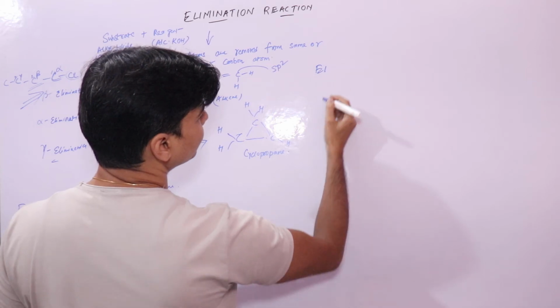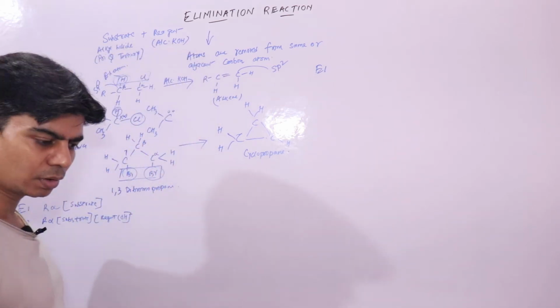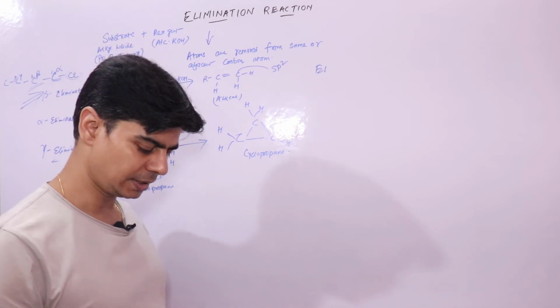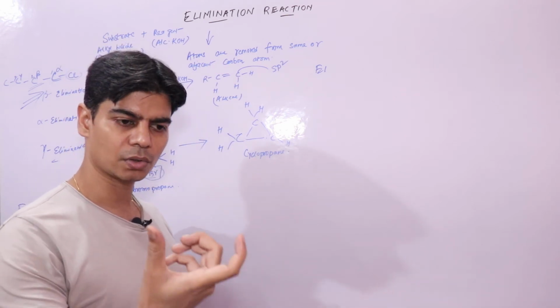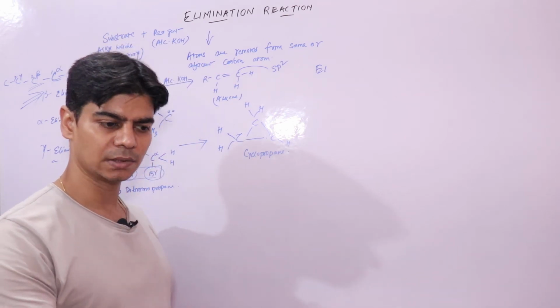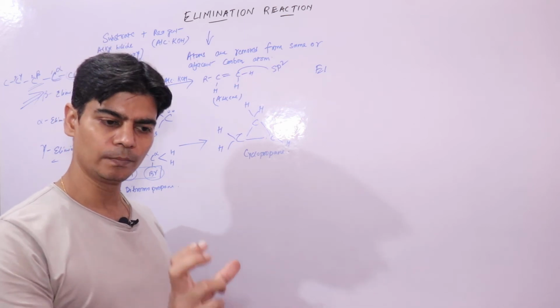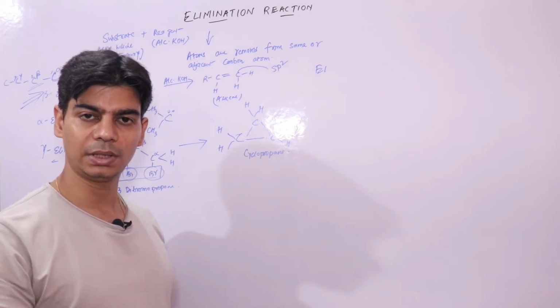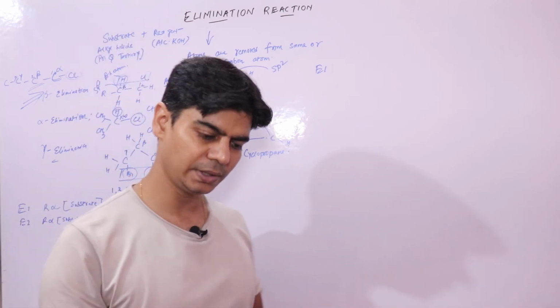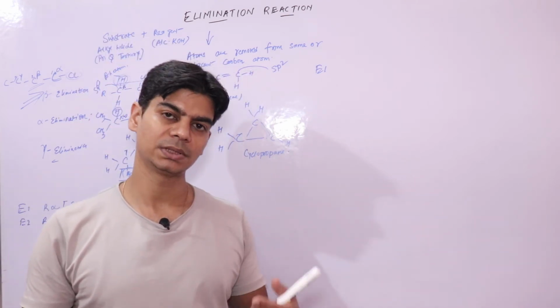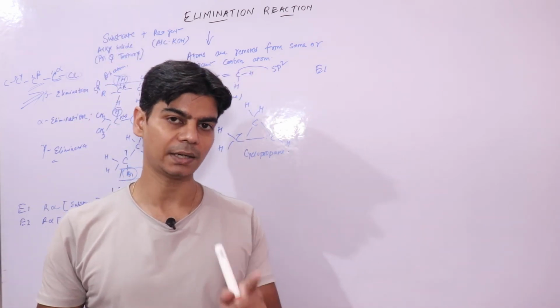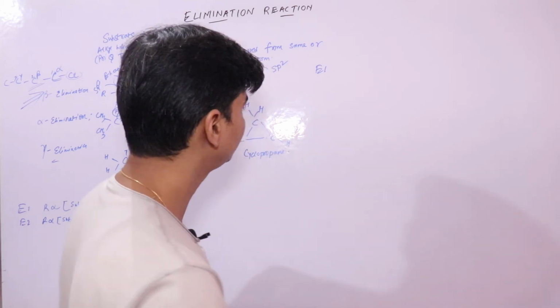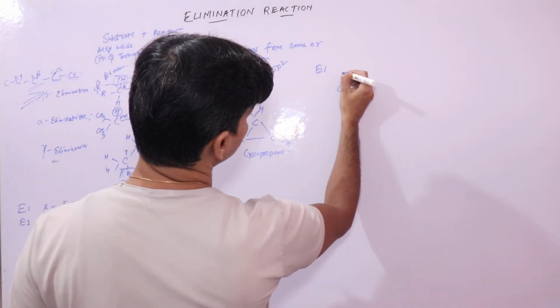E1 reactions are mainly undergone by tertiary halides. Tertiary halides are those halides where your halide ion is directly connected to a tertiary carbon atom or a 3-degree carbon atom, and a tertiary or 3-degree carbon atom is that carbon atom which is connected directly to 3 other carbon atoms. Like this.